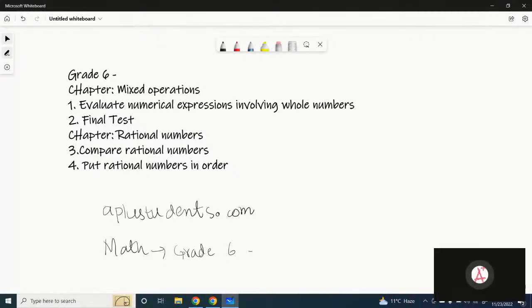Let's start with the first topic, that is evaluate numerical expressions involving whole numbers. Let me write down the lesson name and then we'll start.